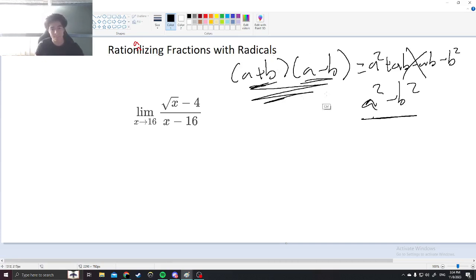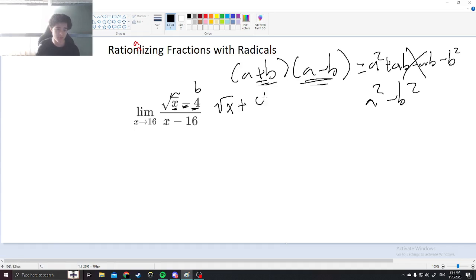So you'd want to take the top, and multiply it by the conjugate, which in this case, this will be a, this will be b. So if you have a minus b here, you need to multiply it by a plus b. So you have a, which is square root x. This minus will turn into a plus because you're looking for the conjugate, plus 4 for b. And then anything you do to the top, you also have to do to the bottom. So you're multiplying it by the same thing.